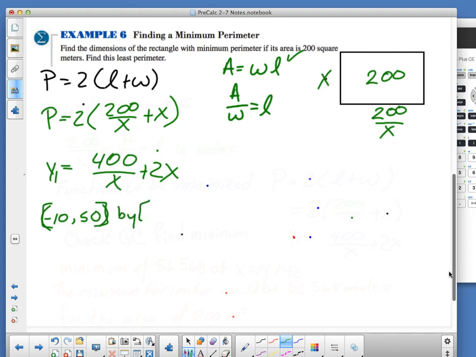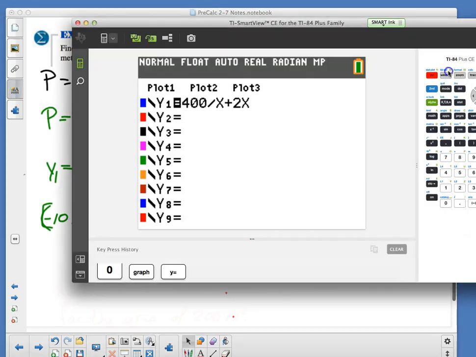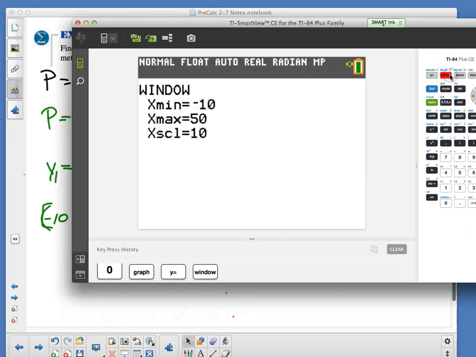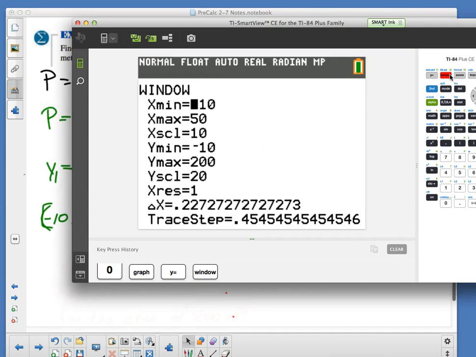My Y window, well, it goes up to 200 for my perimeter, and I want you to be able to see that, so let's go up to 200. So I think I have my window set at -10 to 50 and -10 to 200. That's all I'm doing.